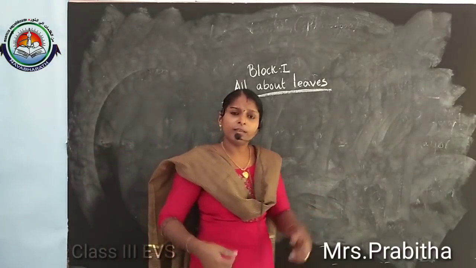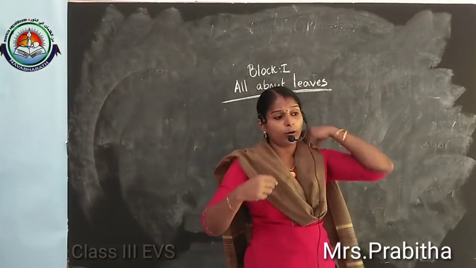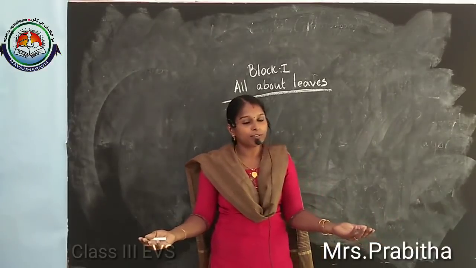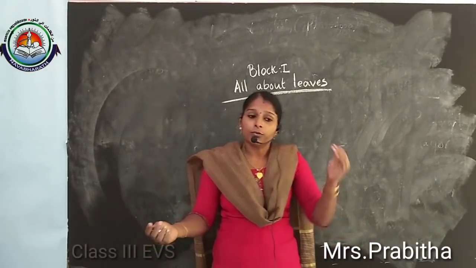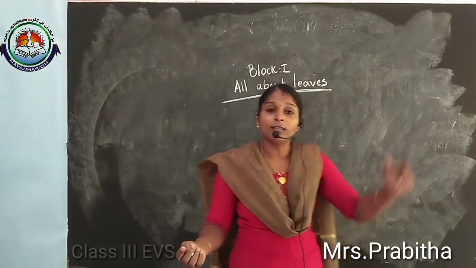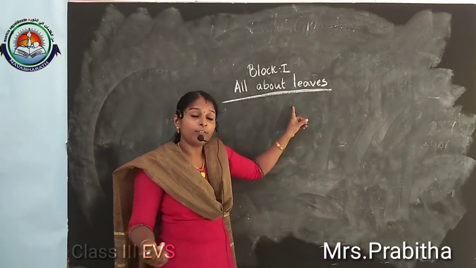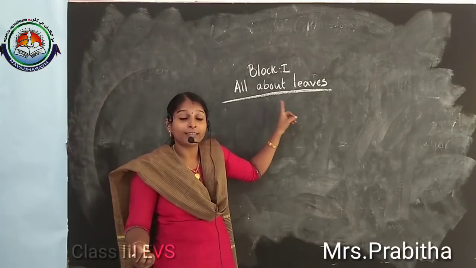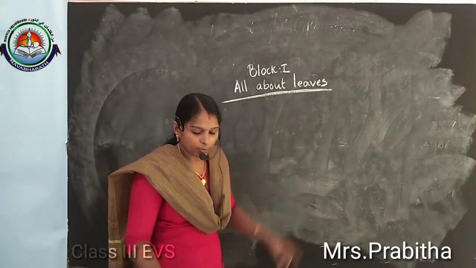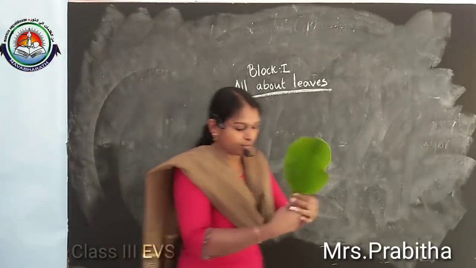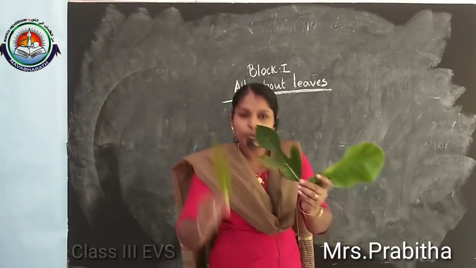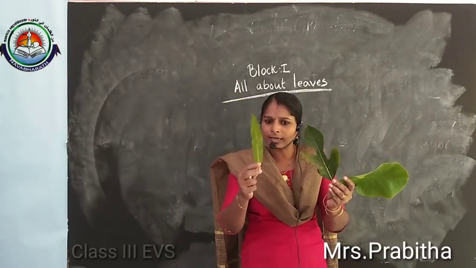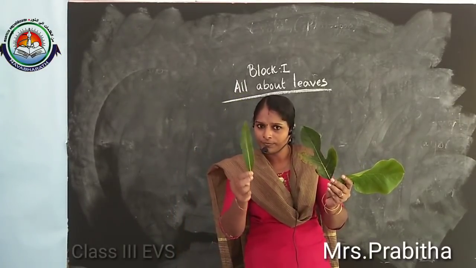In second standard you already learned about different parts of plants, right? So today we are going to start with the first part of a plant, that is leaf. I have so many leaves with me. Which leaf is this?